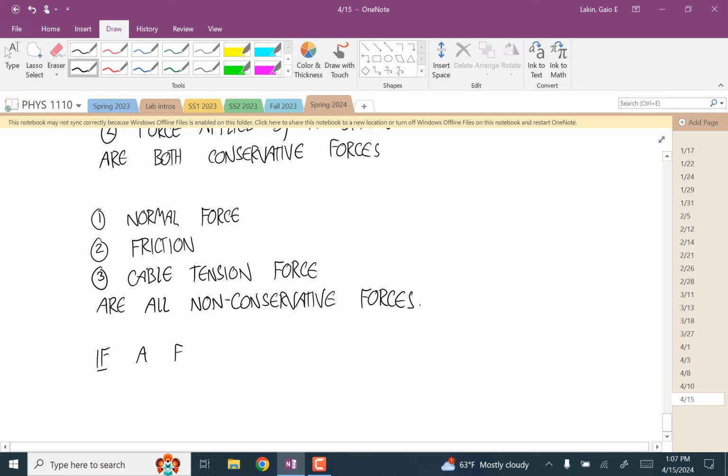If a force is conservative, it has a potential energy function.